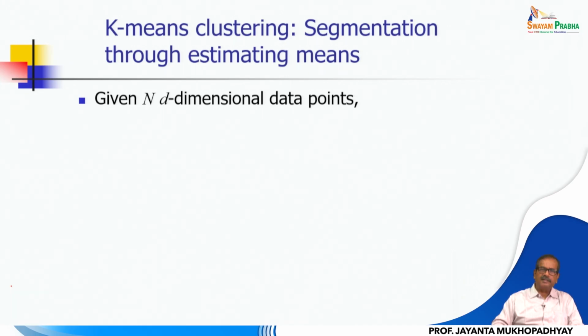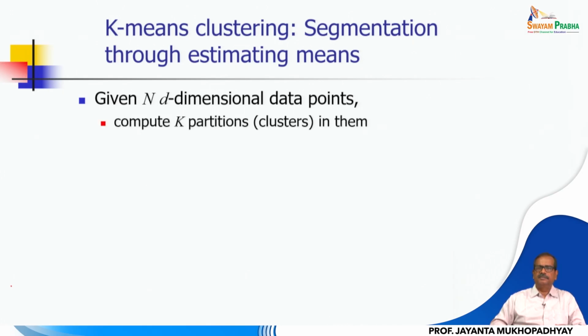So let us first understand the problem of k-means clustering. We have, say, n d-dimensional data points in general, so it is just data points. There is no spatial ordering as we usually consider when we represent an image, but any kind of set of data points.